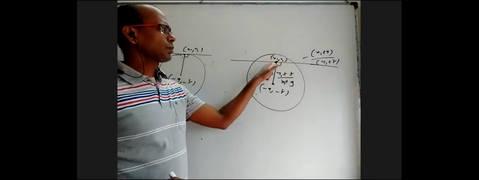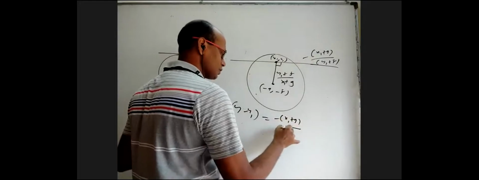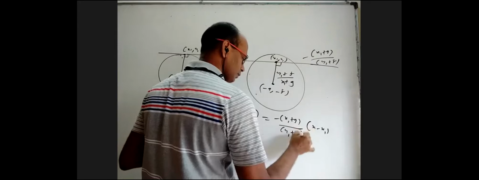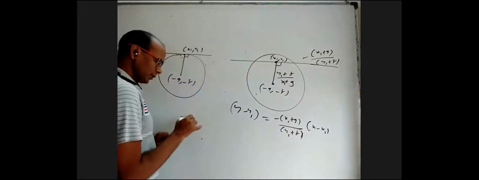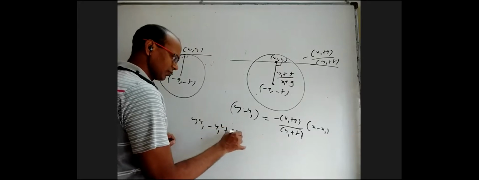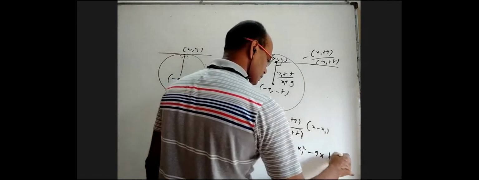On this line, you know one point, you know the slope. So the equation is y minus y1 equal to minus of x1 plus g by y1 plus f into x minus x1. If you expand this, you will get y y1 minus y1 square plus f y minus f y1 equal to minus x x1 plus x1 square minus g x plus g x1.